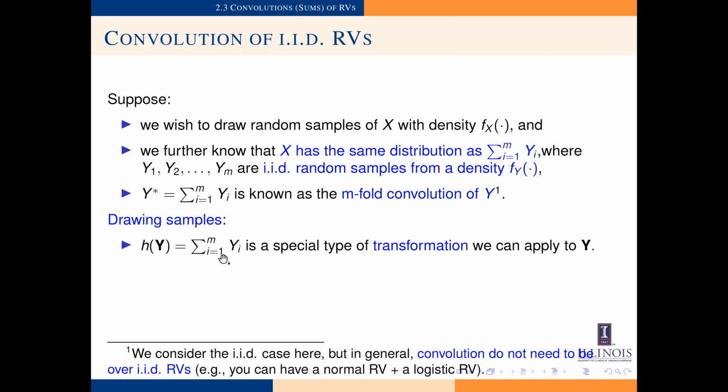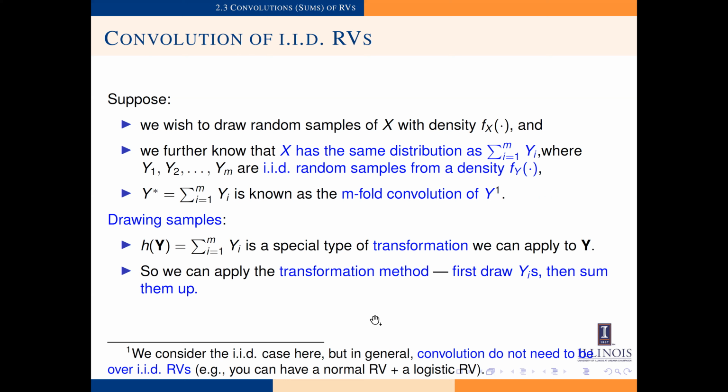In this case, the summation from i to m of the yi's, if we call it the function h of vector y, is a special type of transformation we can apply to y. In other words, we can apply the transformation method that we just talked about, which is to first draw the yi's and then sum them up to obtain draws from the distribution fx.